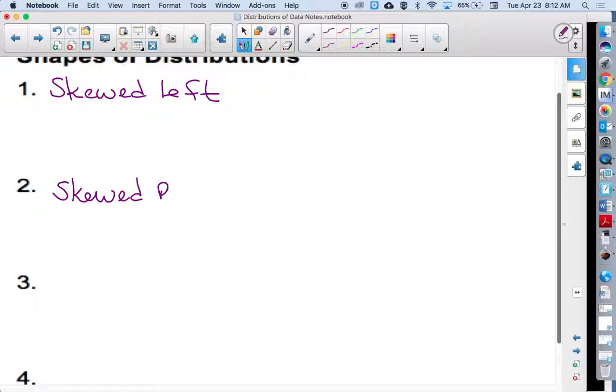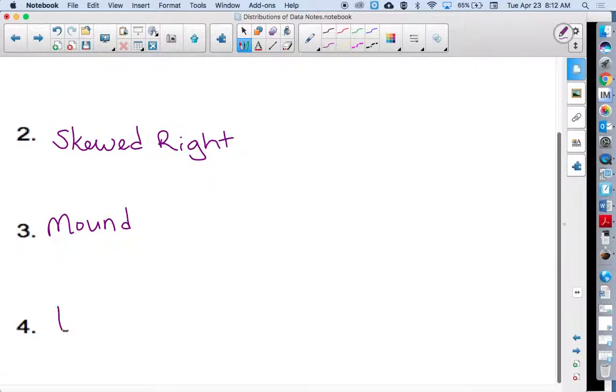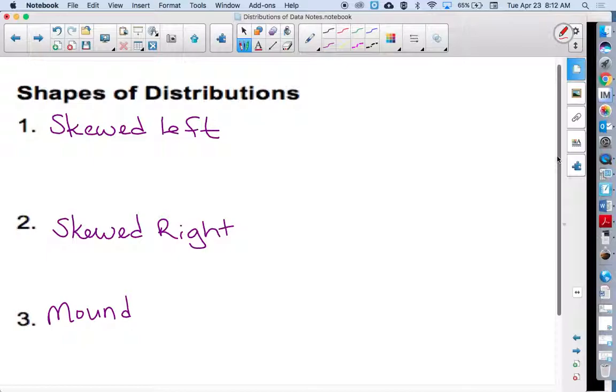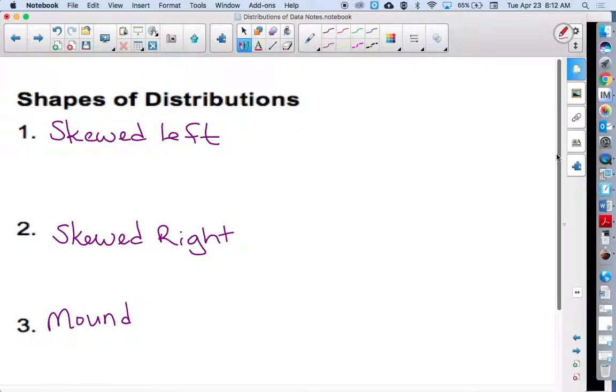It can be skewed right. It could make a mound, or it could be uniform. So those are 4 different ways that we could have a graph, a histogram, 4 different ways it could be pictured.